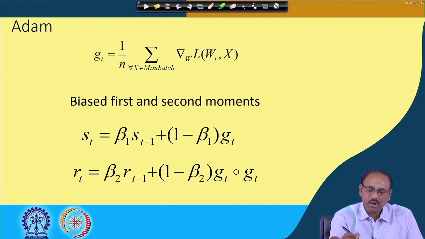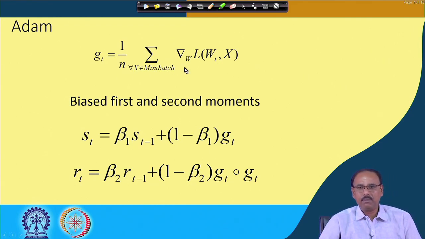So, as before, you compute the gradient over a batch at time t, which is gt. Then you compute the exponentially decaying average of the first and second moment of gt.